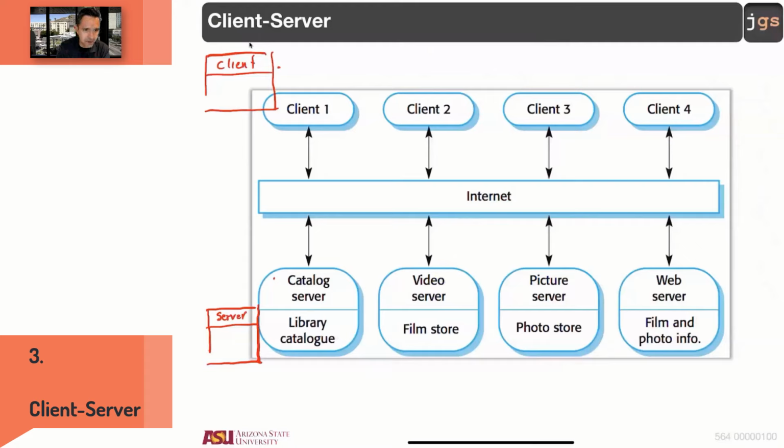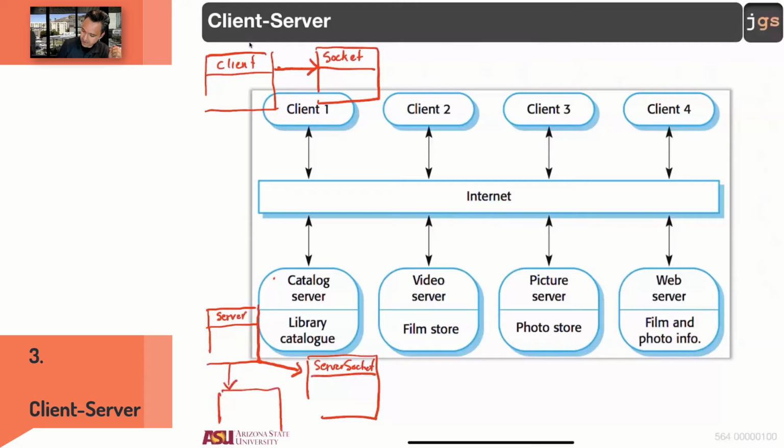What is going to happen is this one is going to be using a class socket. And this one is going to be using, and this is UML, server socket and socket.